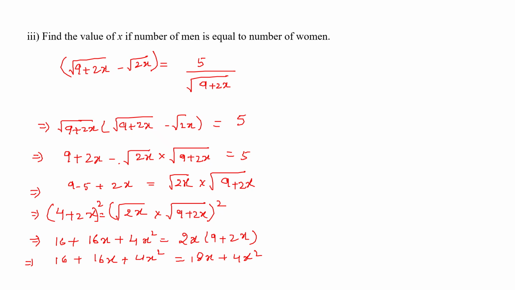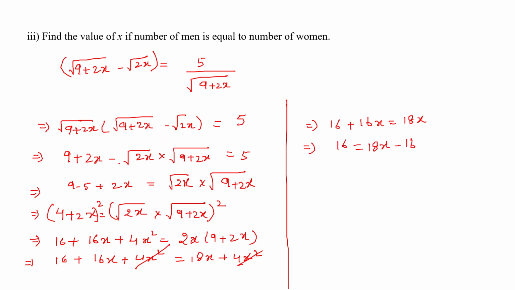If you transpose 4x square from LHS to RHS, it will get cancelled. So finally you are left with 16 plus 16x equal to 18x. Now transpose 16x to RHS, 18x minus 16x. So it will be 16 equal to 2x. So the value of x will be 16 divided by 2, which is 8.